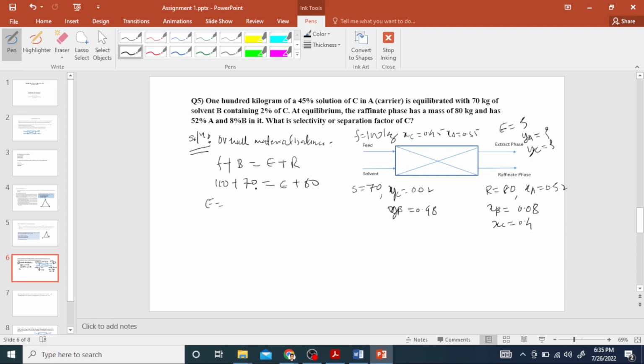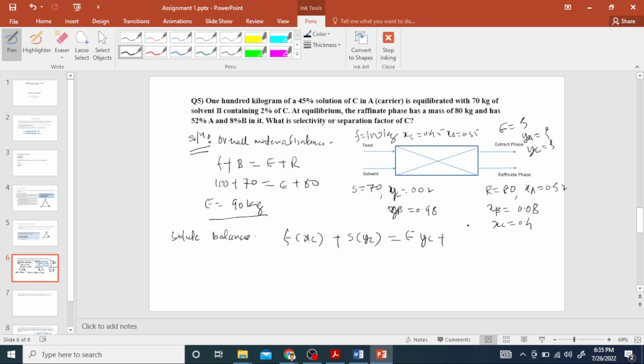Now we have to do the solute balance. F XC plus B YC is equal to E YC plus R XC, right?